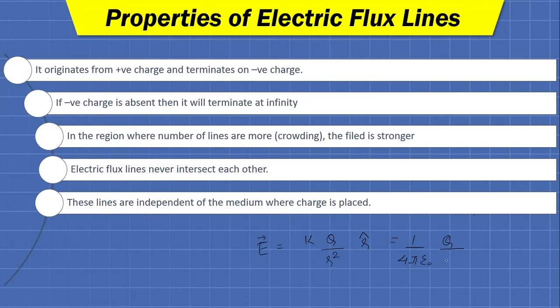Q divided by R square. So as you can see, this electric field is depending on the permittivity of the medium.